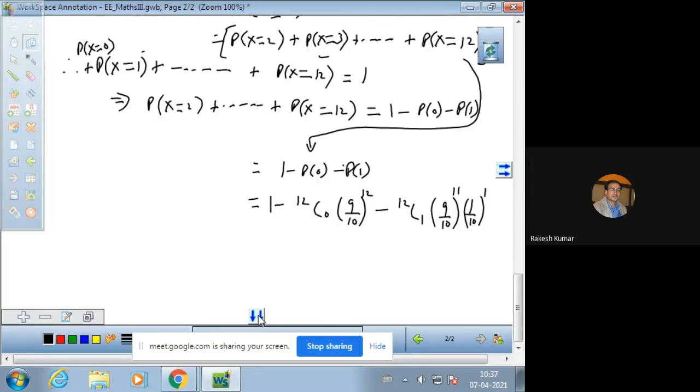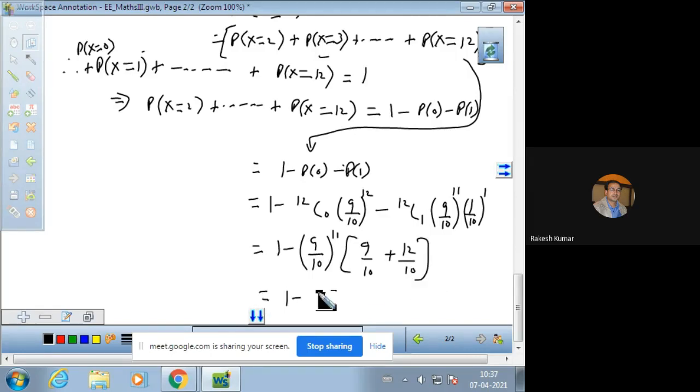Now you can easily calculate these values, and it comes out to be 12C0 is always 1. So 9 over 10 raised to power 11 can be taken common. You will have 9 over 10 here, and 12C1 is 12, so 12 over 10 is there.